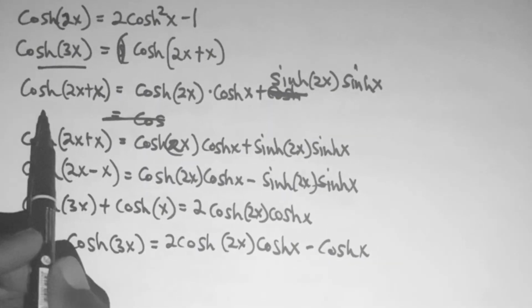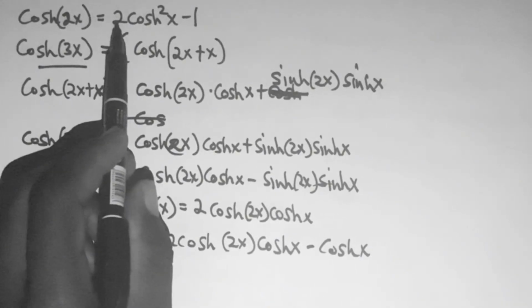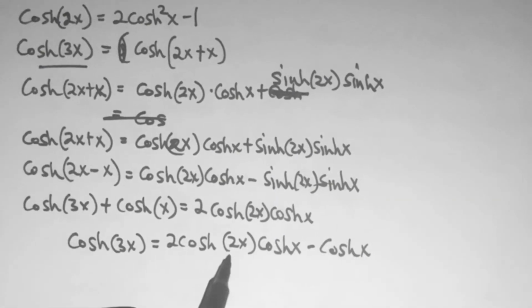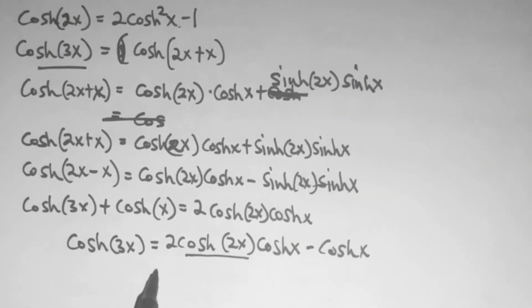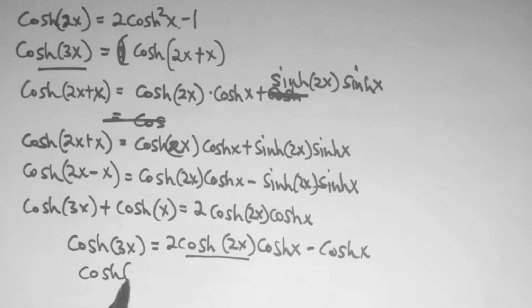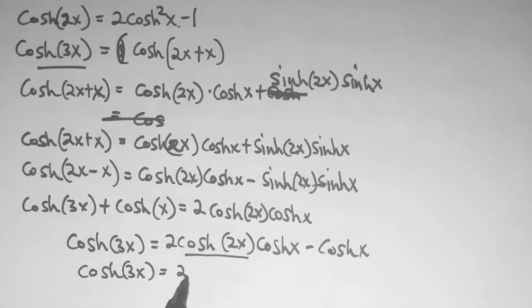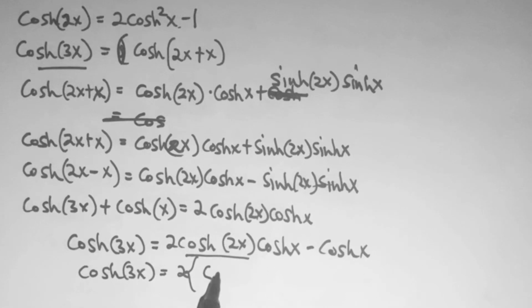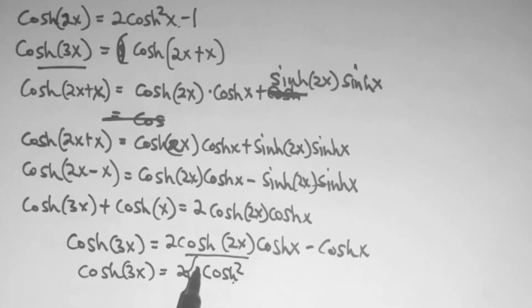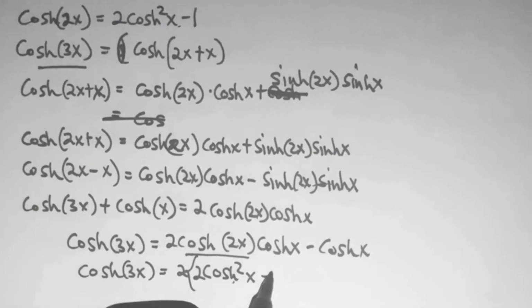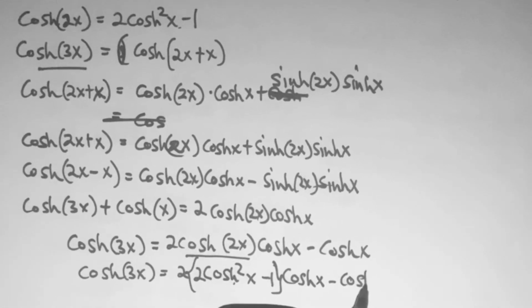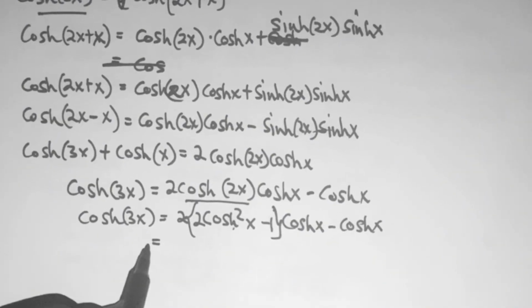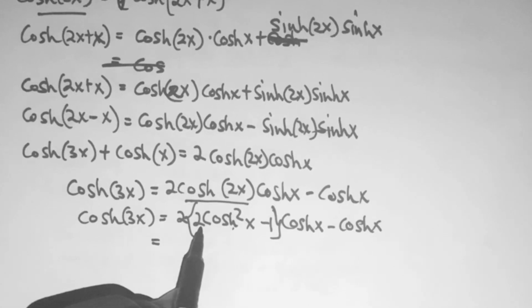But we have already found cos 2x. It is 2 cos squared x minus 1. So we are going to replace this by 2 cos squared x minus 1. So cos 3x is equal to 2 times (2 cos squared x minus 1) times cos x, minus cos x. So this becomes 2 times 2 is 4.